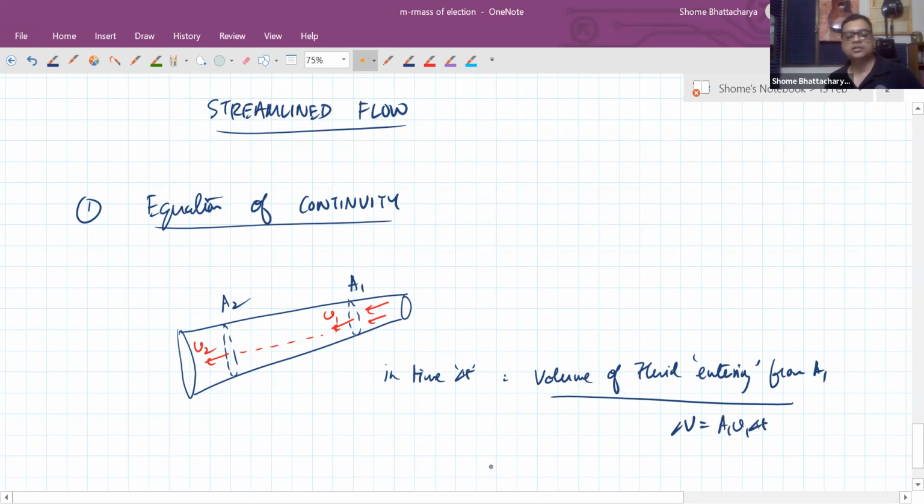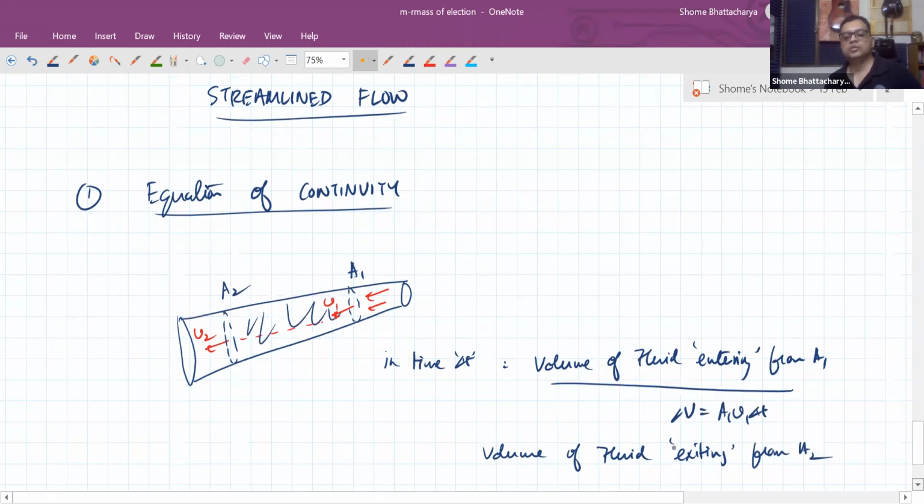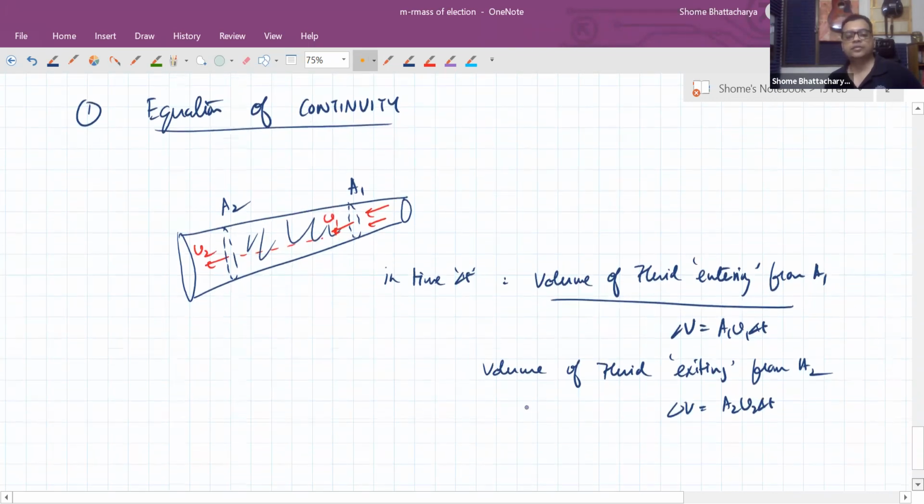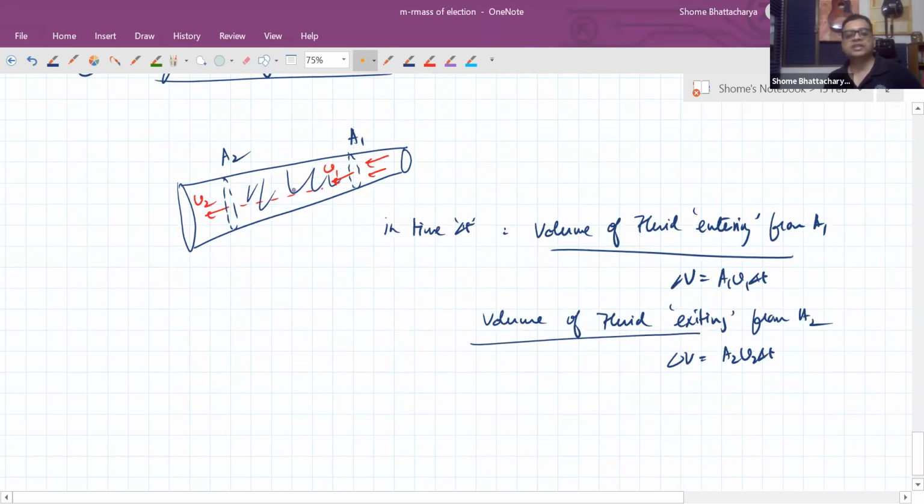Okay. And similarly, the volume of fluid exiting this region in between A1 and A2 from cross section A2 will be A2 V2 delta t. Because the liquid is incompressible, there must be a fixed amount of volume of liquid in between these two cross sections.